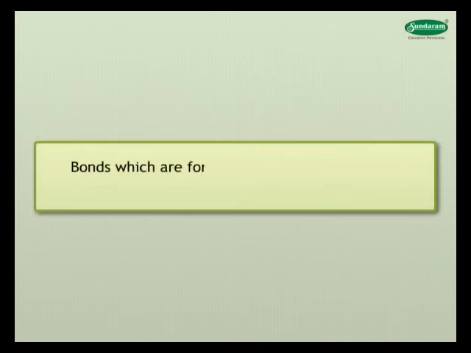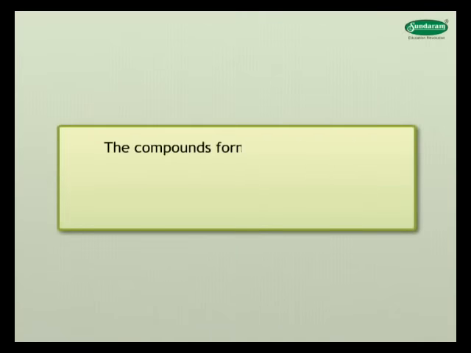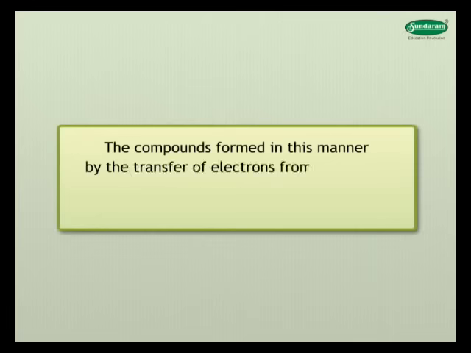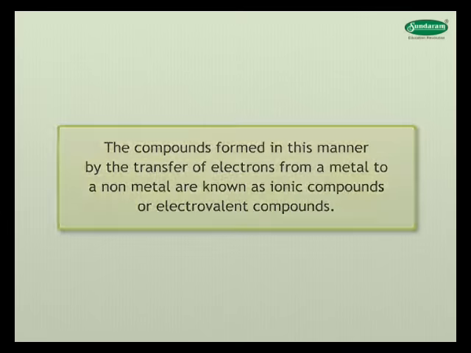Thus, the bonds which are formed by such a give and take of electrons are called ionic or electrovalent bonds. The compounds formed in this manner by the transfer of electrons from a metal to a non-metal are known as ionic compounds or electrovalent compounds.